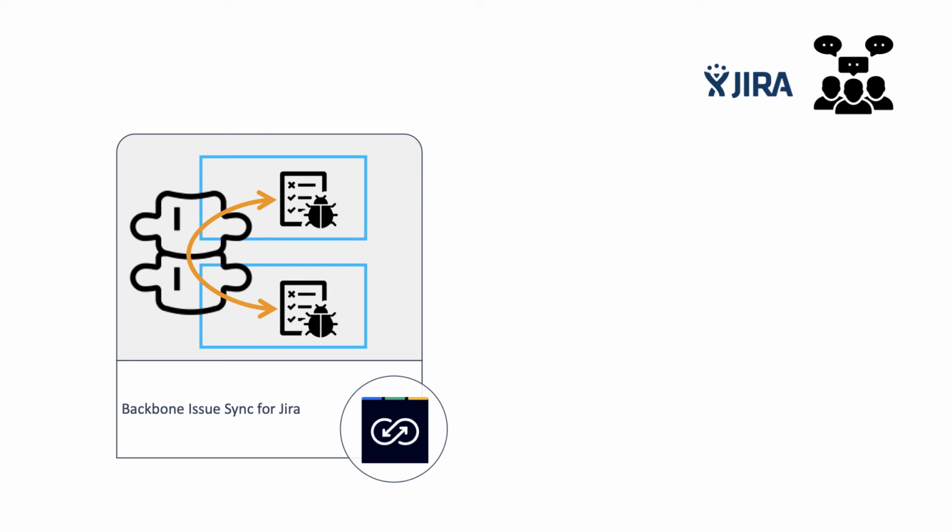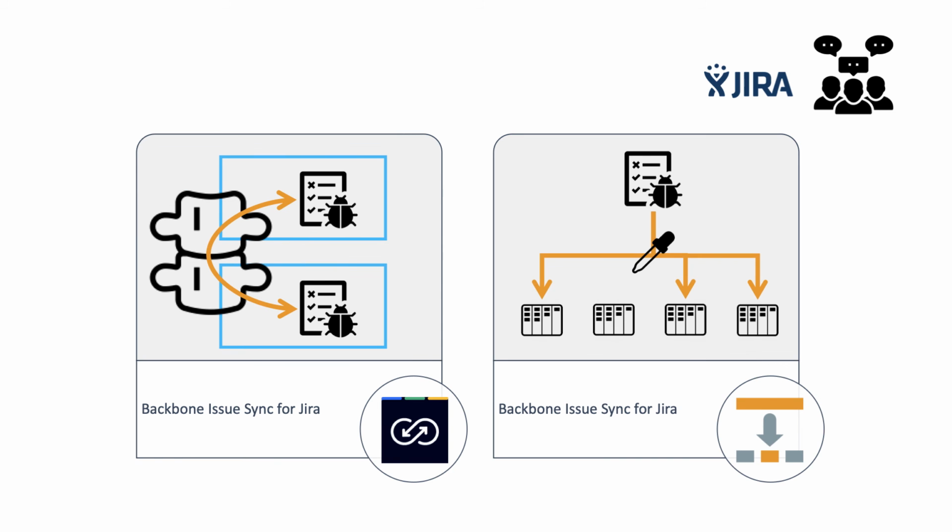The Jira plugin Backbone Issue Sync allows the synchronization of an issue across multiple Jira projects. A similar plugin is the Multi-Project Picker, which removes the limitation that an issue can only belong to one project. Instead, an issue can be assigned to multiple projects using comma-separated project names in a form field.